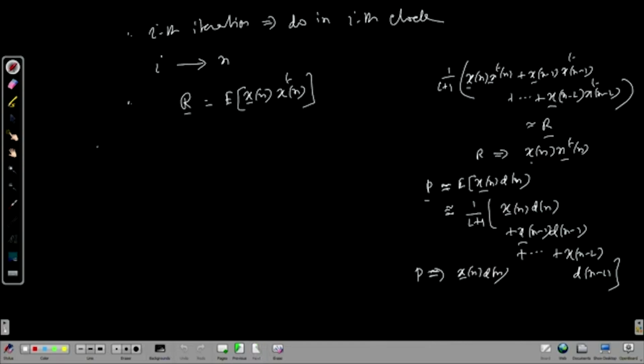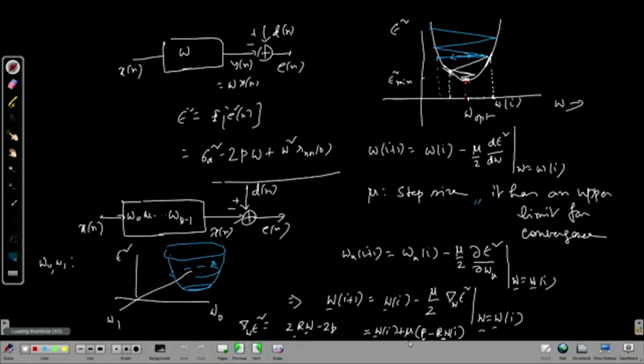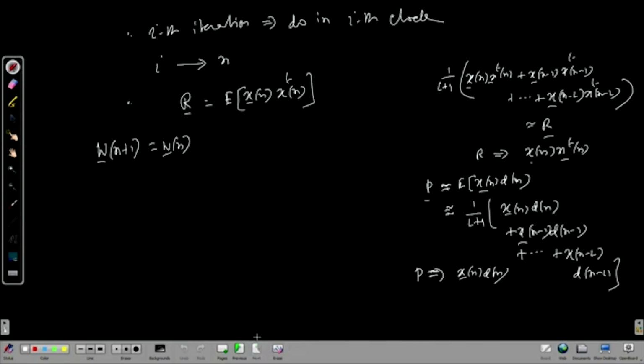So, I will get W n plus 1 as W n plus mu into P minus R W n. P is x n vector into d n, minus R W n, R is x n x transpose n, column vector, row vector, and W i it was, now it is W n, because i is replaced by n.